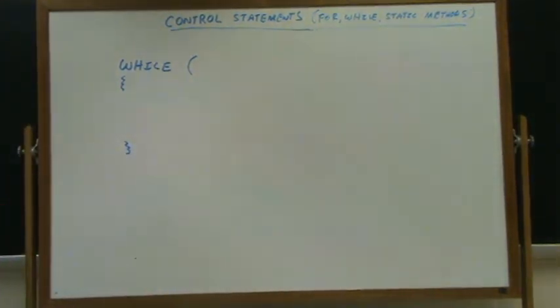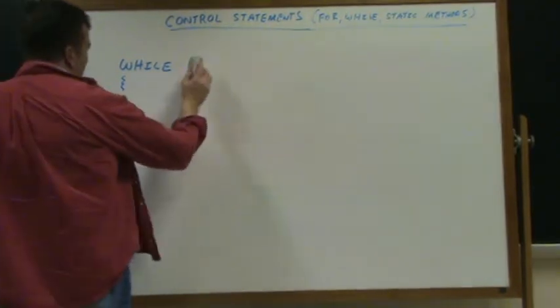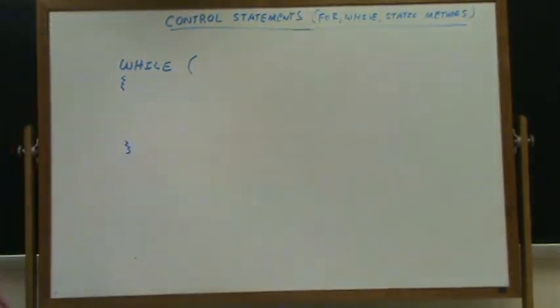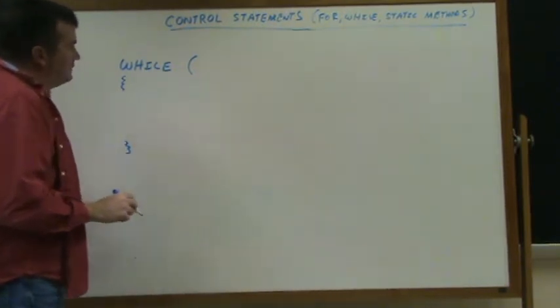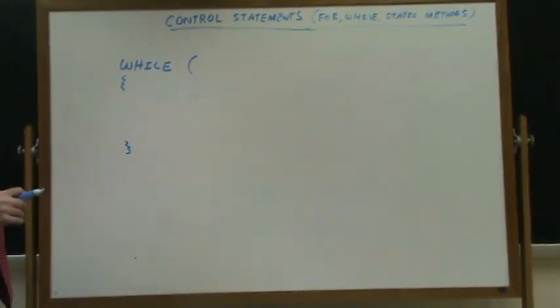I'm trying to stay away from the idea of the input string, because it goes into a different lecture. So let me do this instead. Suppose we had a problem that worked like this.